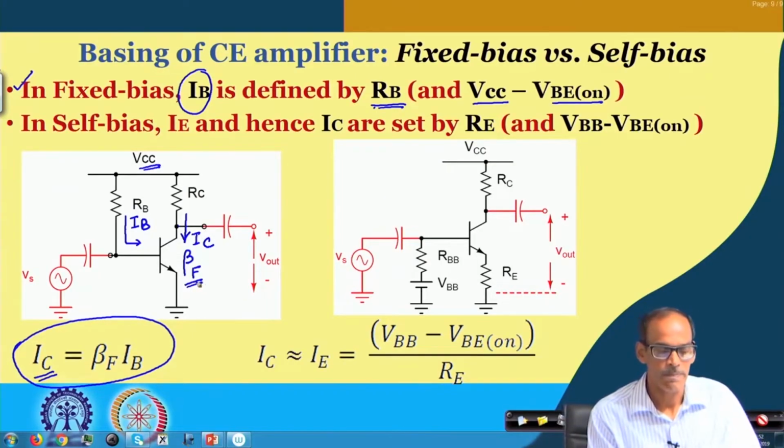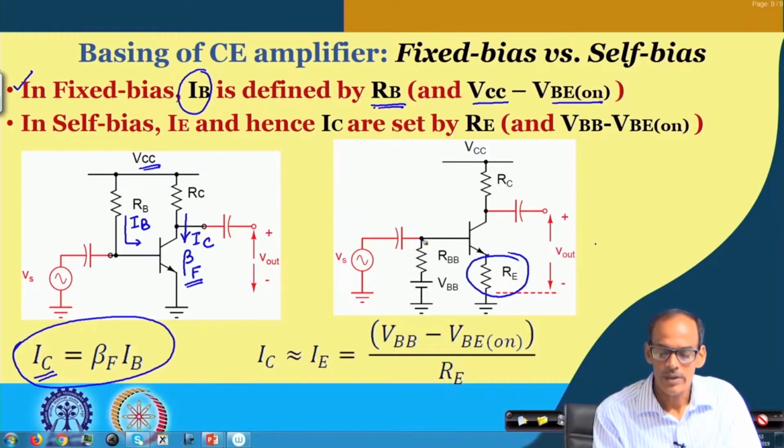In contrast to that, we are going to discuss this circuit, which is referred to as self bias. In this self bias we connect an emitter resistor in series from the emitter to the ground, and at the base we give a DC voltage.